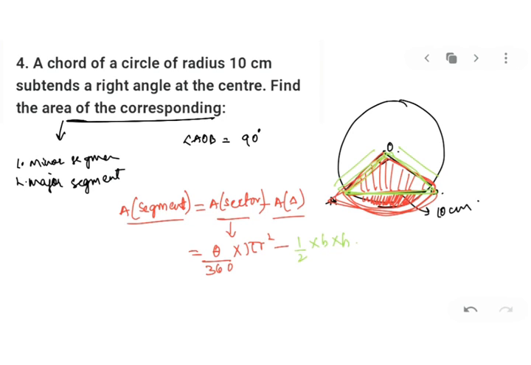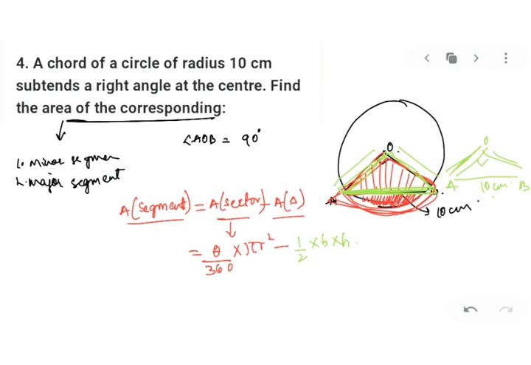So how will we get that? If you remember, we have been given the AB value in this triangle AOB, 10 centimeter. That means if this is the hypotenuse, then if you want AO or OB, you can go with sine, perpendicular upon hypotenuse.